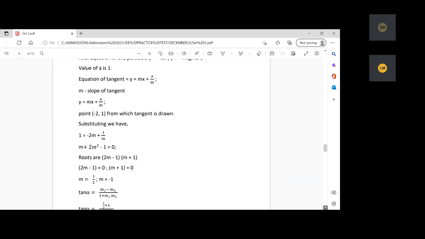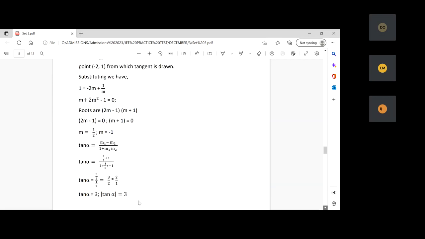So you have the value of both of them, 1 by 2 and -1. So this could be 1 by 2 minus -1 by 1 plus 1 by 2 into -1. So it's just simple mathematics. We can solve it and you can have the value as 3. Tan alpha is equal to 3.